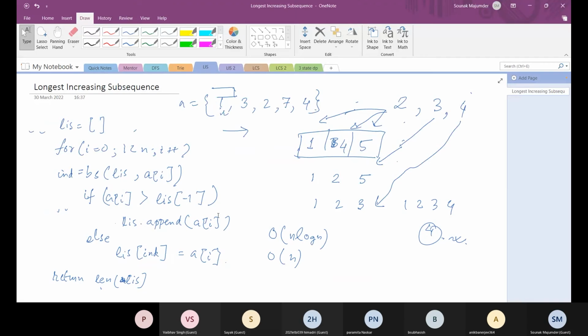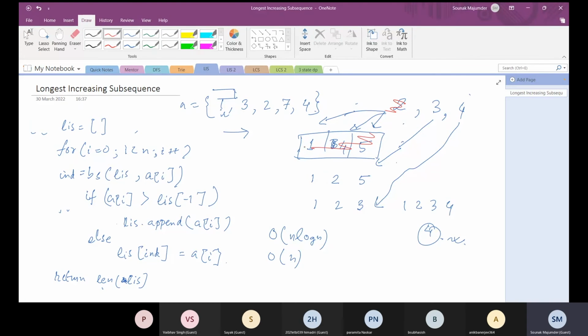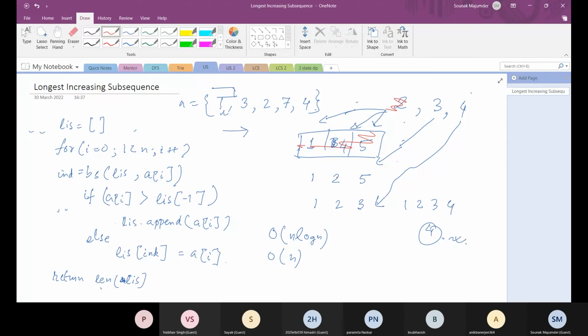So here, as we are moving, we are keeping in hand the longest increasing subsequence that we have got. From this example, 2 is not needed, so just remove it. Let's say the sequence is 1, 2, and 5. So a 3 comes up. If we change it from this 5 to 3, now the sequence becomes 1, 2, and 3. Now after that a 4 comes up. If this sequence had been 1, 2, and 5, then we cannot add a 4 to the end.